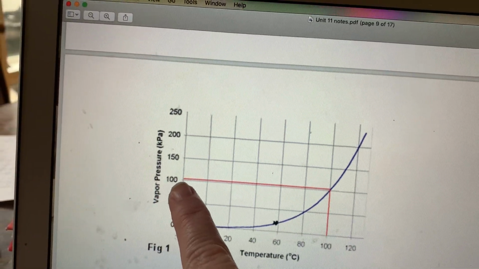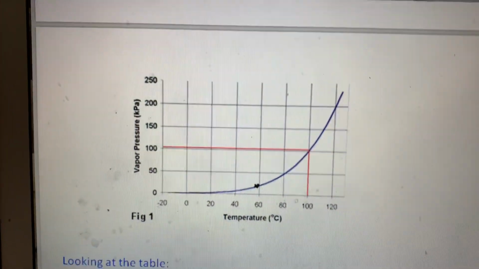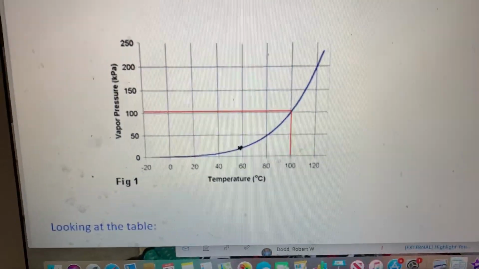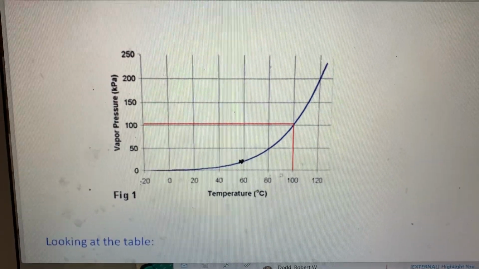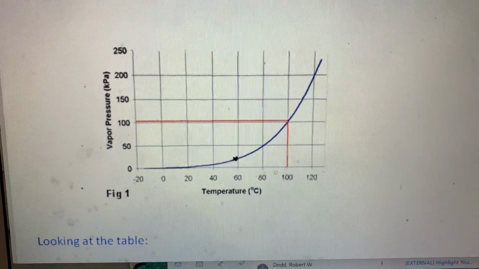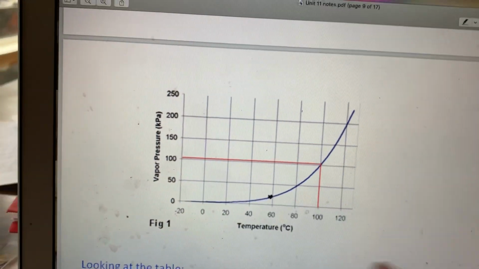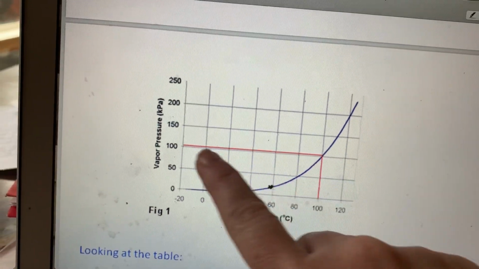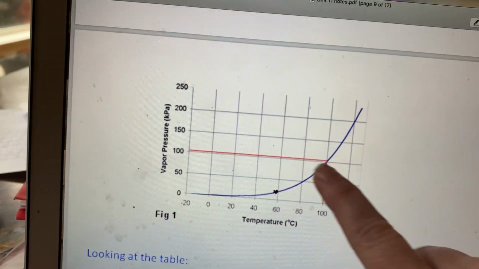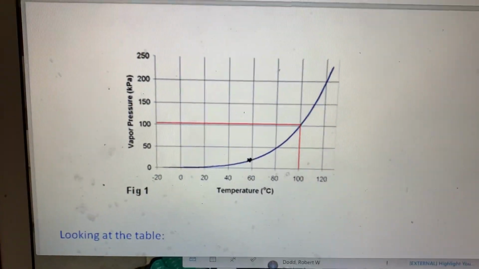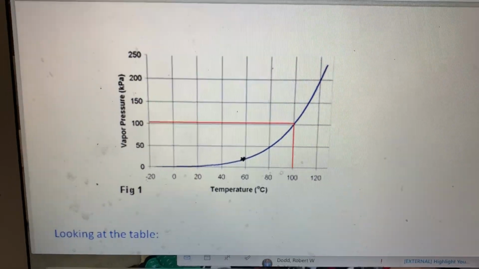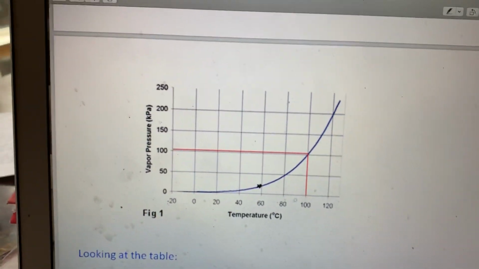What's important about this red line here is it's a little bit above 100 kilopascals, and we know that 101.3 kilopascals is standard pressure. When the vapor pressure of your liquid is the same as atmospheric pressure, all right, which is typically right around standard pressure for us, then you get what is known as boiling.